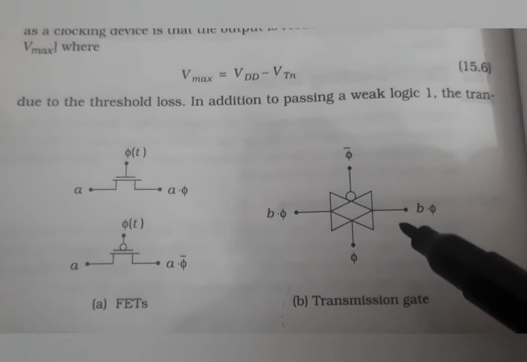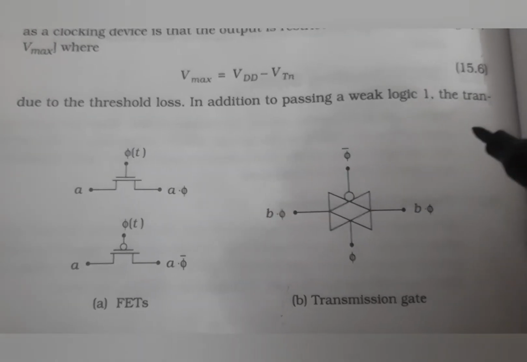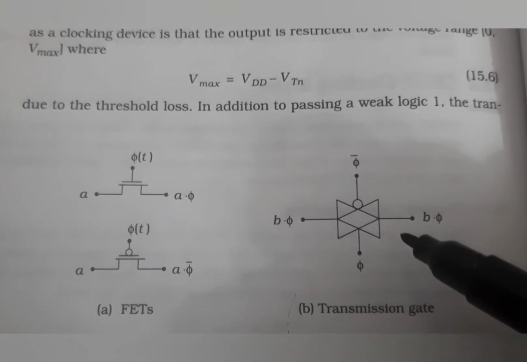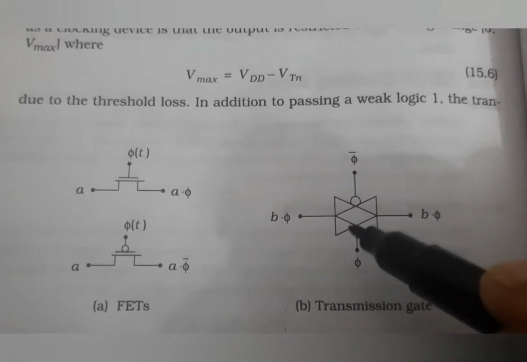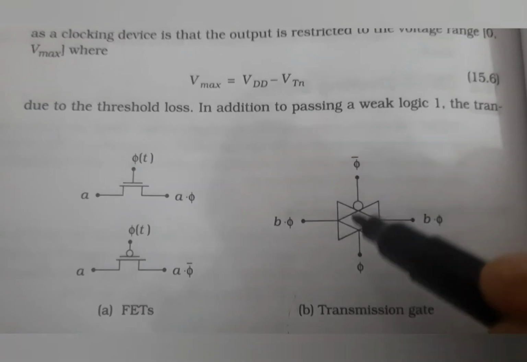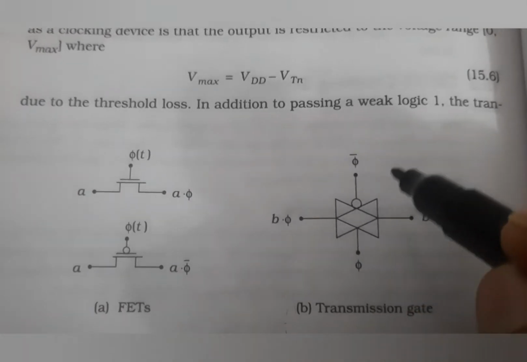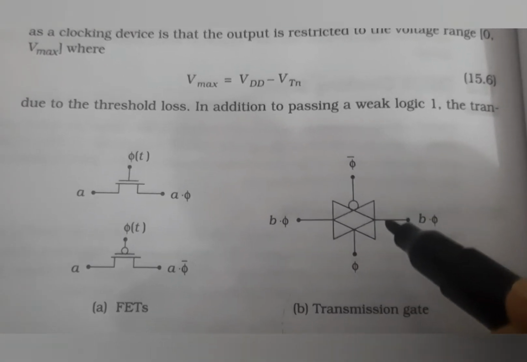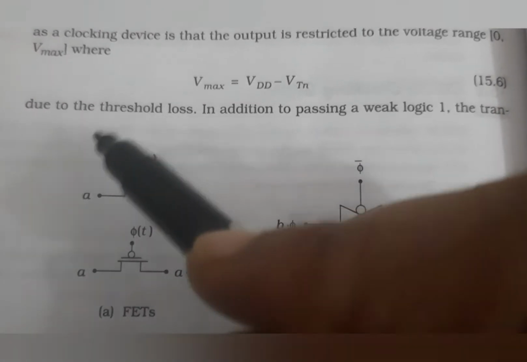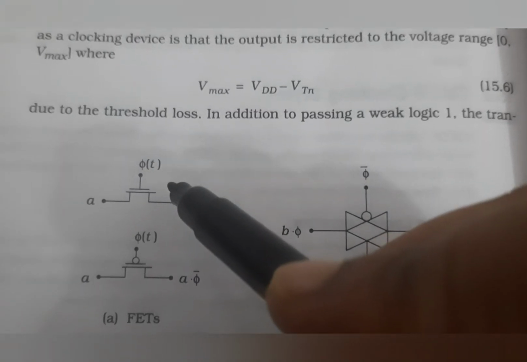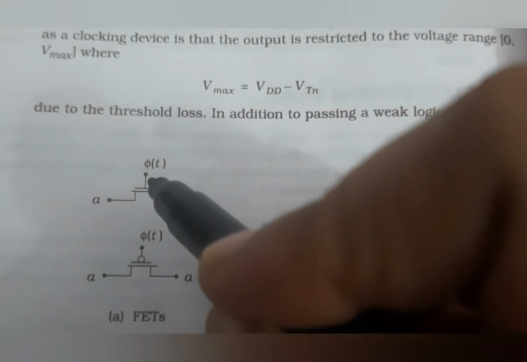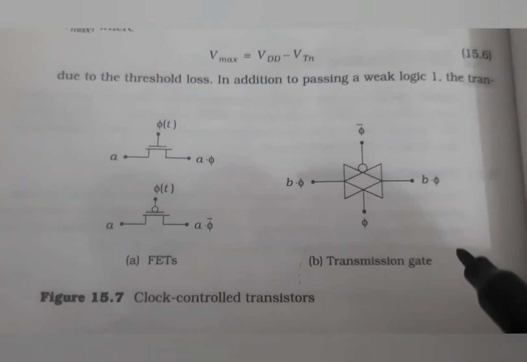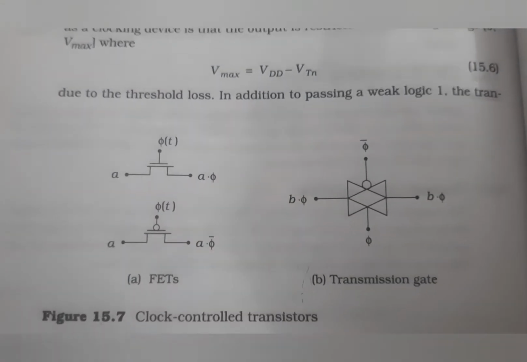If you are using a transmission gate, we can get a better operation, but the routing problem is very critical in the transmission gate, so due to that routing problem we cannot use the transmission gate as a CMOS clocking circuit. PFET is very slow compared to NFET. So the commonly used CMOS clocking circuit is the NFET clocking circuit, for high speed computation.